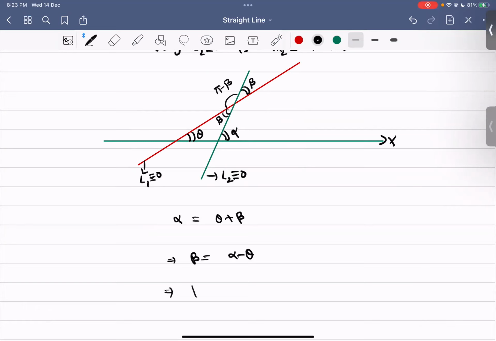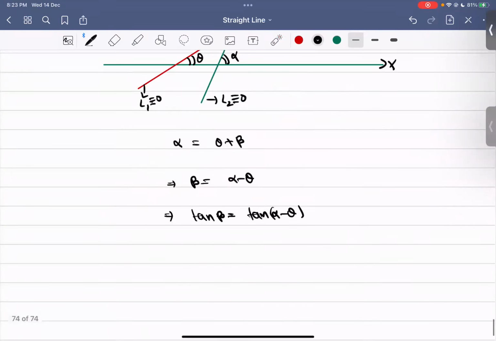Therefore, tan beta is equal to tan of alpha minus theta. We know that tan(A minus B) is (tan A minus tan B) by (1 plus tan A tan B). Therefore, this is (tan alpha minus tan theta) by (1 plus tan alpha tan theta).